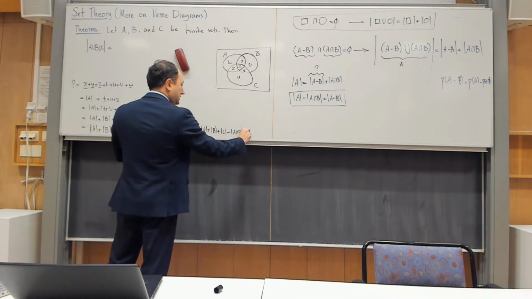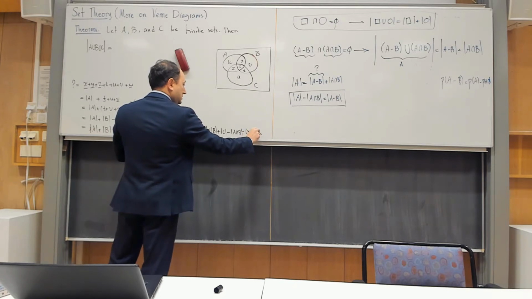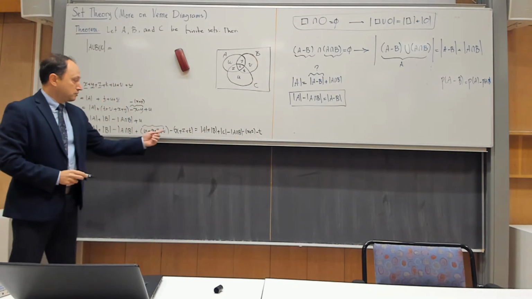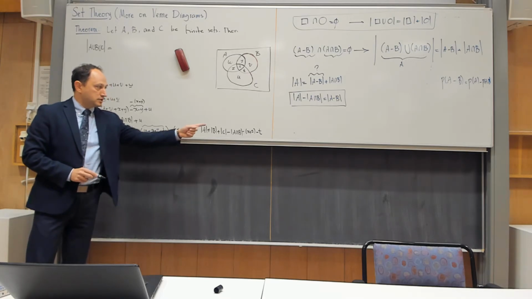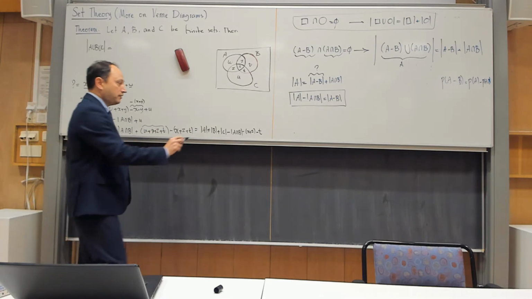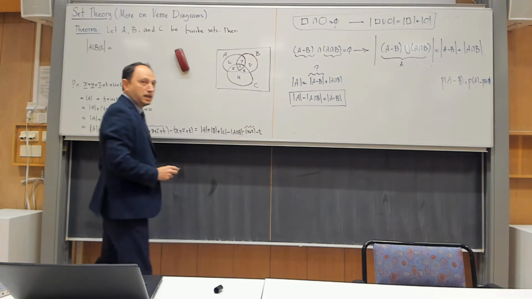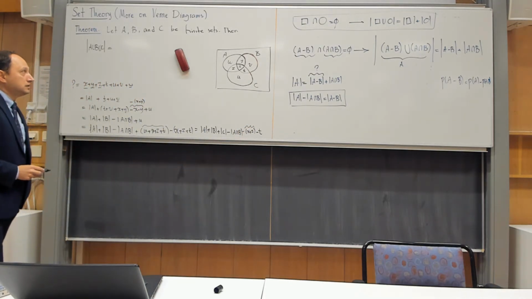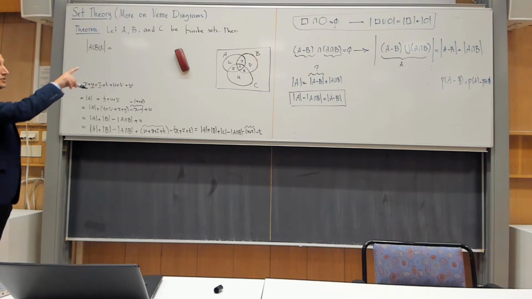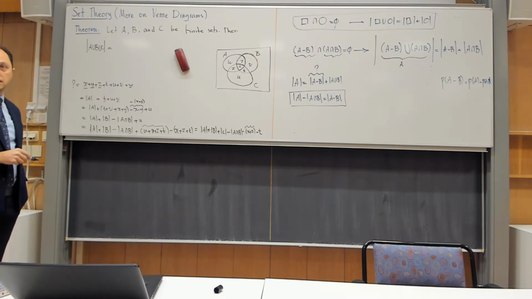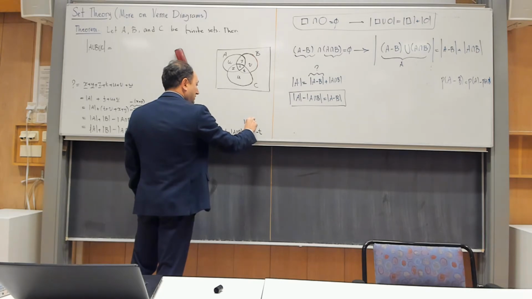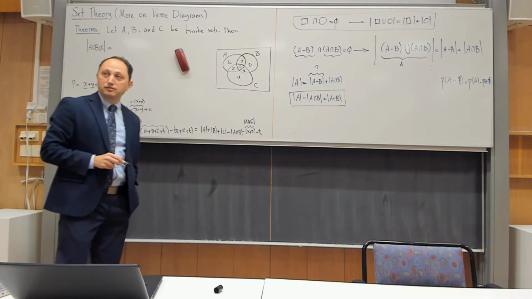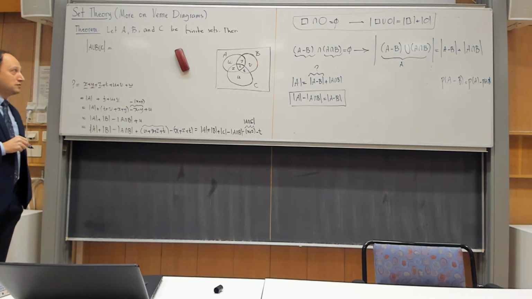I can write minus X plus Z minus T. Do you agree? I just multiply this minus sign for these two and multiply this minus sign for T. But now, if I ask you what is X plus Z, you can answer. It is the cardinality of the intersection of A with C. Yes? So this is cardinality of A with C. But then, unfortunately, T is left now. So how do I get rid of T?